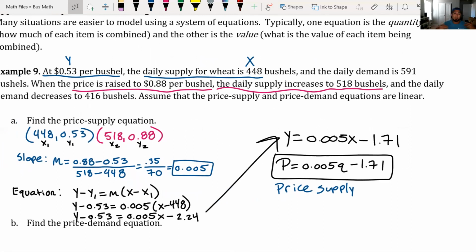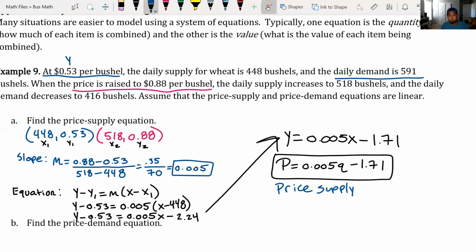Now we need price demand, which means, again, just pick this apart. We start with the first line, 53 cents per bushel. The daily demand is 5.91.